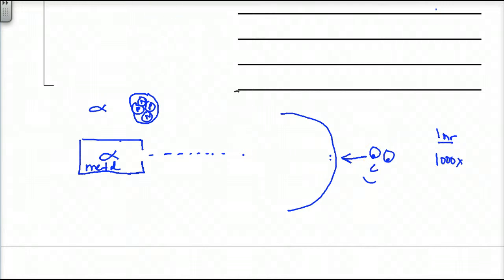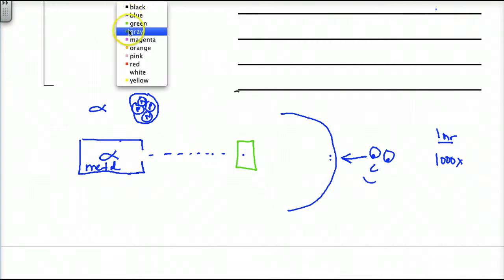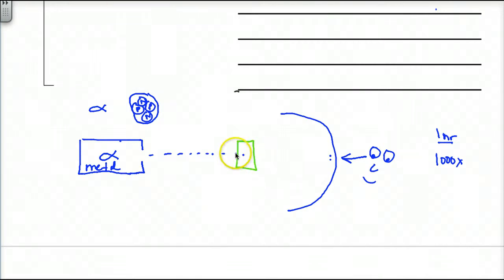Then they put this gold foil in its way. And lo and behold, when they recounted, with the very thin foil, they got, let's say, 970 hits. And so they lost 30.